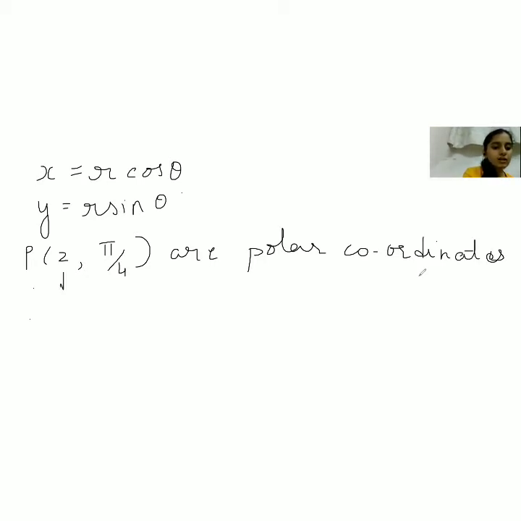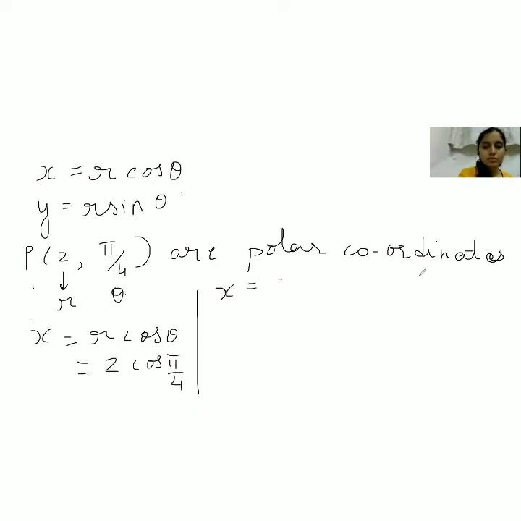This is r and this is your theta value. x is equal to r cos theta, so we'll have 2 cos of pi by 4, which is x equal to 2 upon root 2. Let's rationalize this. So we'll get the answer as root 2.